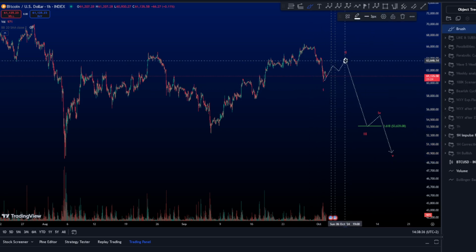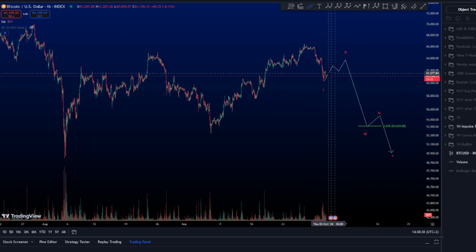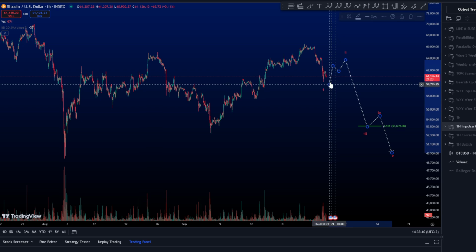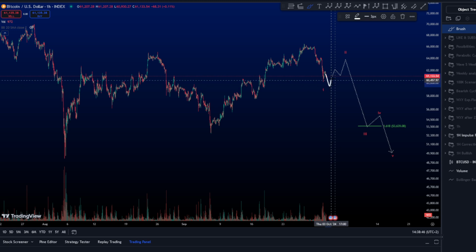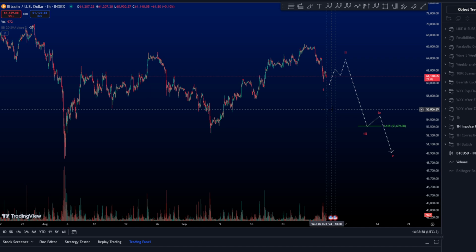If we see a continuation after a correction, even after finishing this full impulse as a 1, so if we see a correction after here, and then look for more impulses towards the downside, then this might be a bigger bearish scenario.